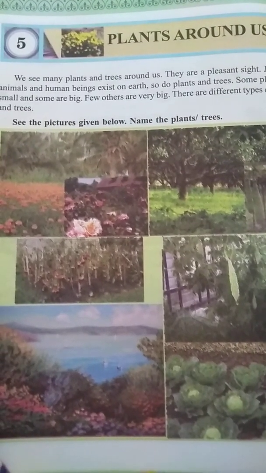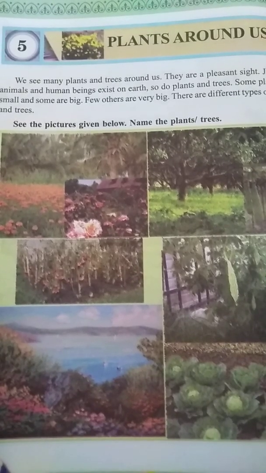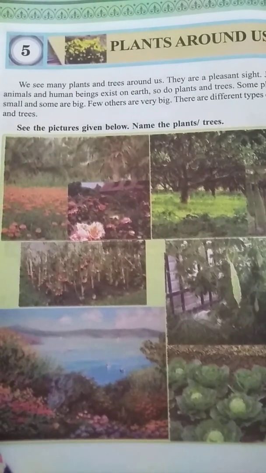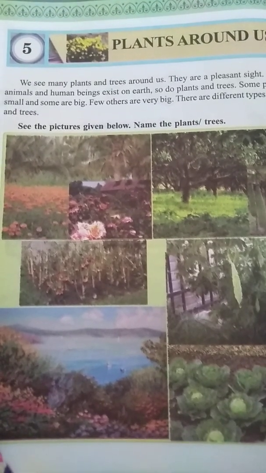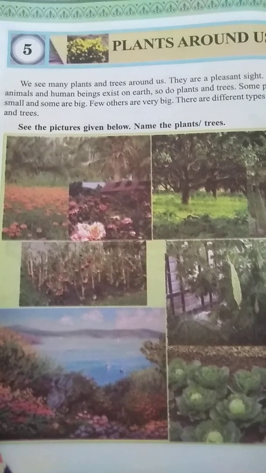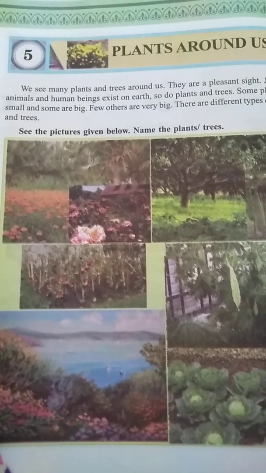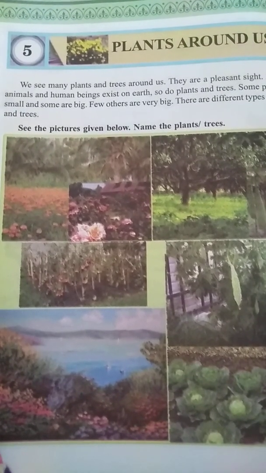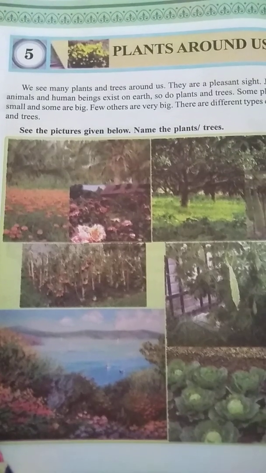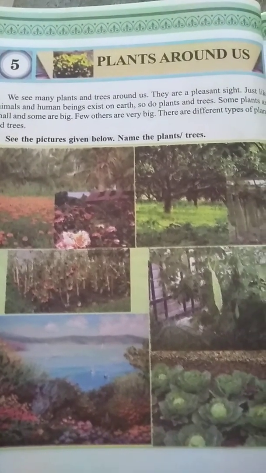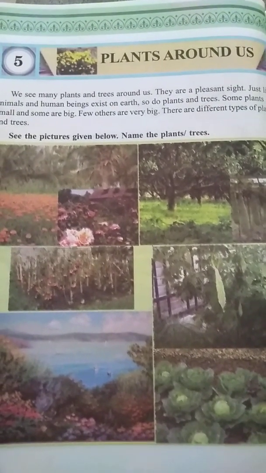There are the coconut trees, palm trees, tamarind tree, neem trees, flowering plants. Many trees and plants are there in our school also, no? What do they give us? They give us fruits and flowers. So in this lesson we are going to learn about the plants.